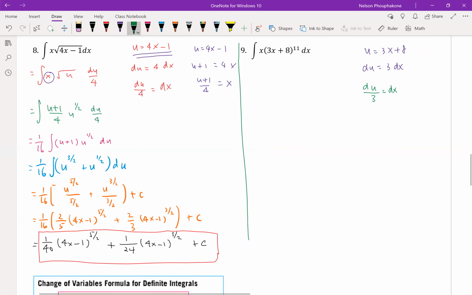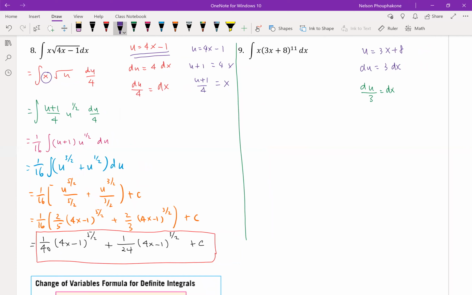Okay, and again I have a 3x. u equals 3x plus 8, so u minus 8 over 3 is equal to x, right? And it will be du over 3.